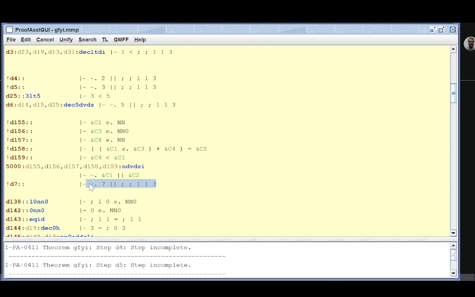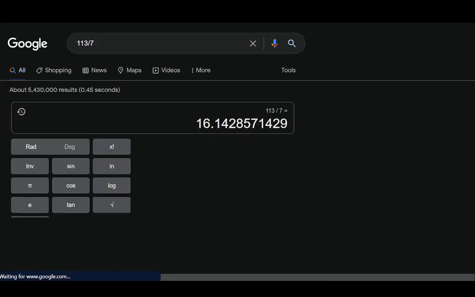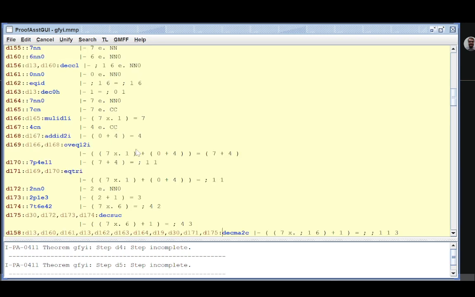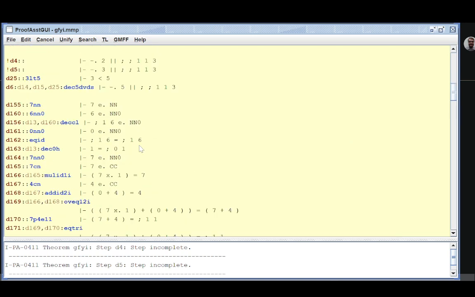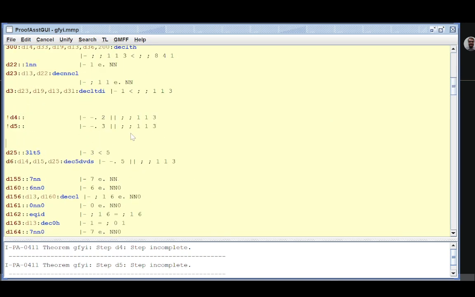Prove this, please. 7 times 16 is 70 plus 42, which is 112. Remainder 1, huh? Very close. That is as close as you can get. And we just have 2 more left because it did 5 automatically.